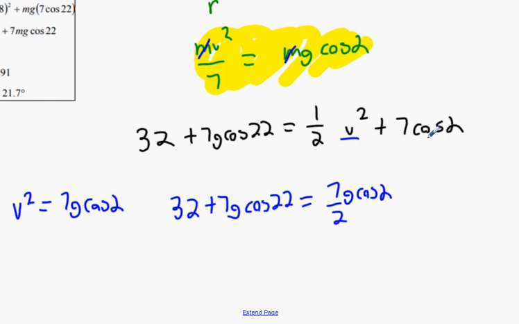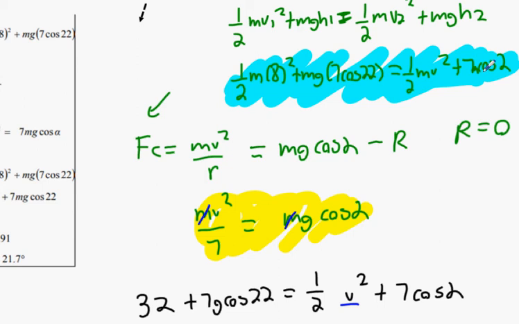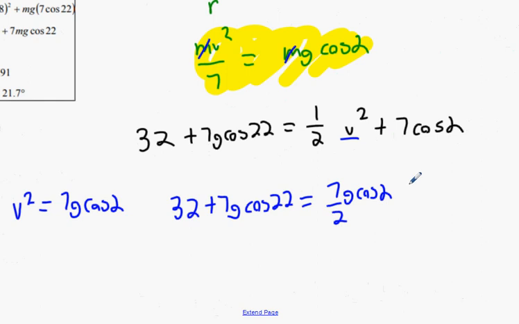Is that a g as well? Yeah, I think I lost it up here. It's from mgh, so that's a 7g. Sorry, 7mg cos alpha. So there definitely should have been a g up there.